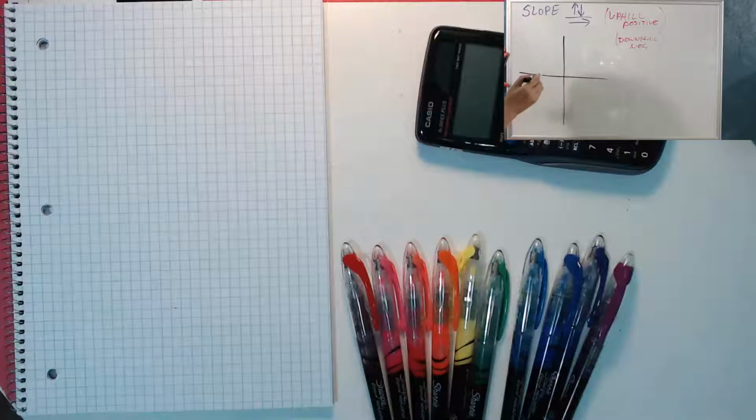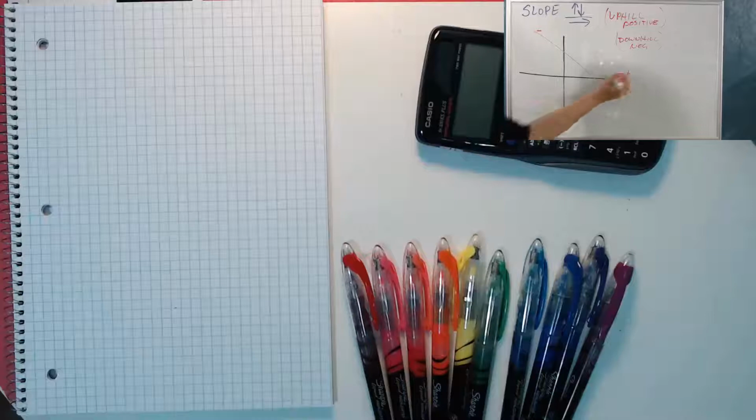So if I have a line that goes, let me get a different color, I have a line that goes here. Is that a positive or negative slope? Negative. If I have a line that goes here, is it positive or negative? Positive. Okay.